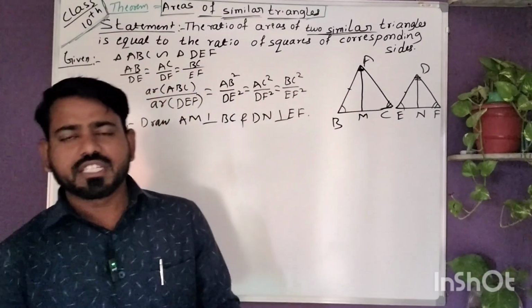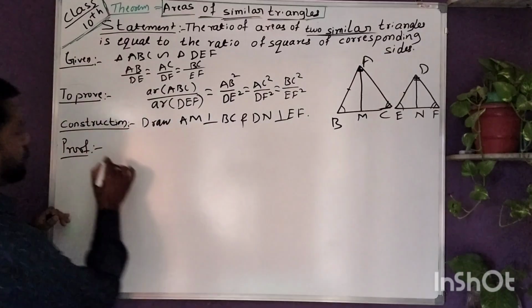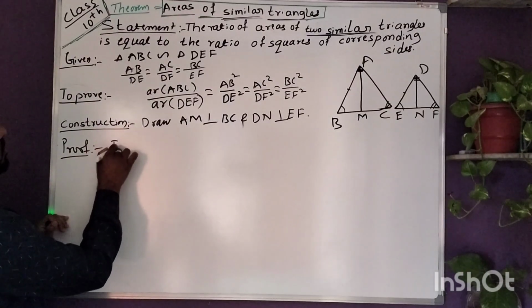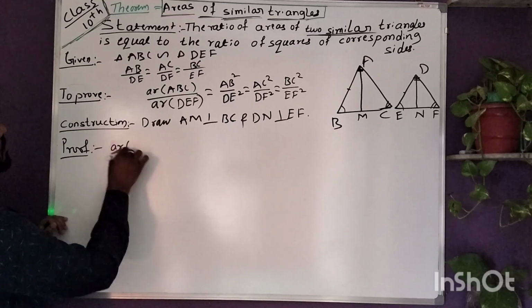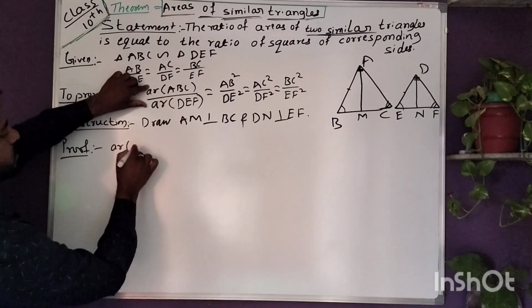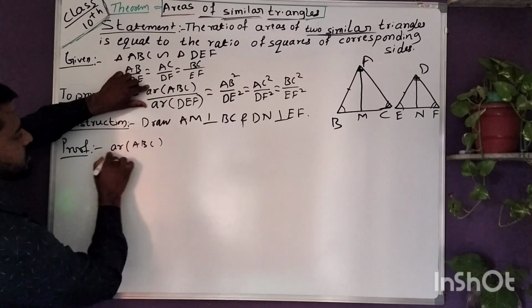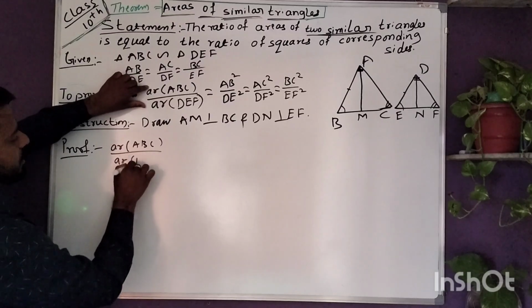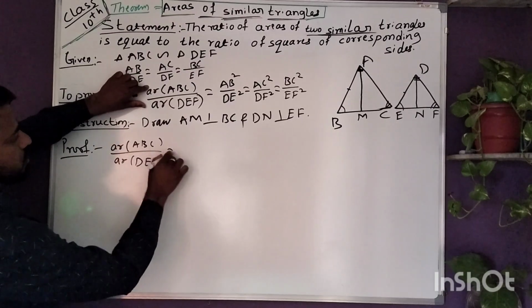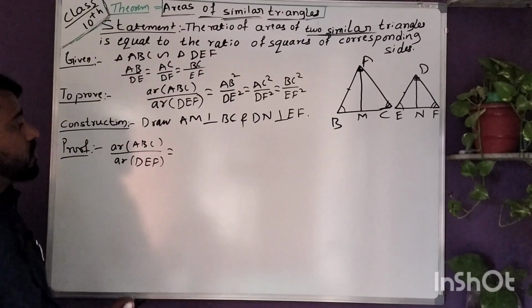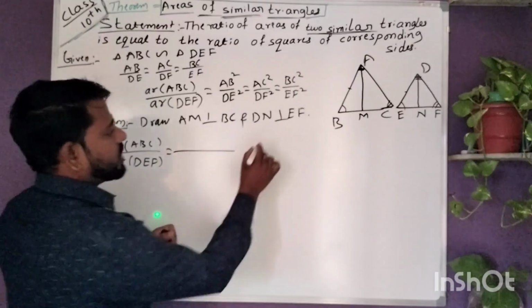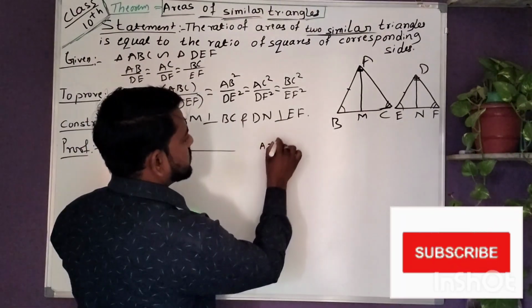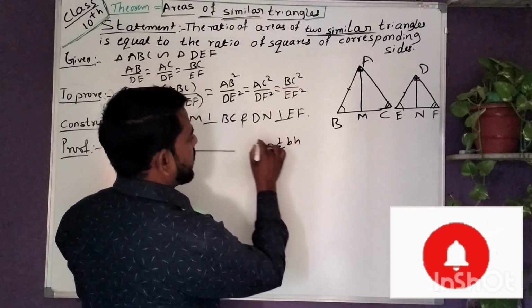The next important part is our proof. We want to find the ratio of area of triangle ABC by area of triangle DEF. We already know the area of a triangle formula is 1 by 2 base into height.